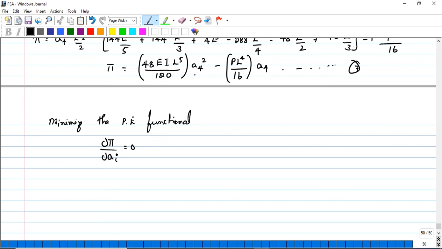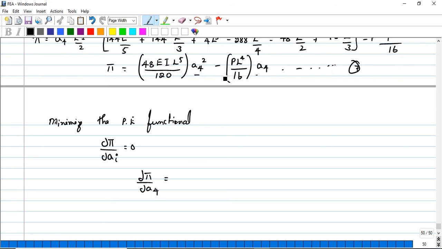Here we have only A4, so I can write it as partial differentiation of phi with respect to A4. I can consider this entire term as constant, so this will be 2A4, so I can multiply the same.